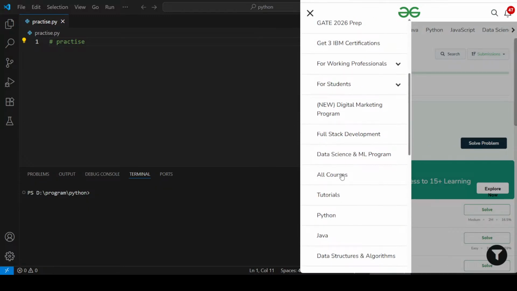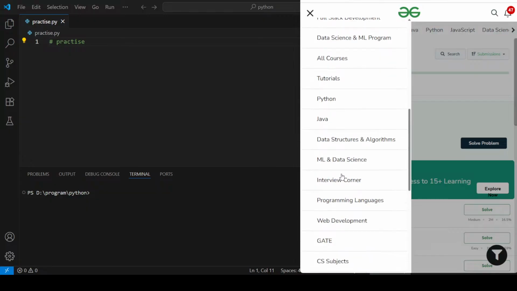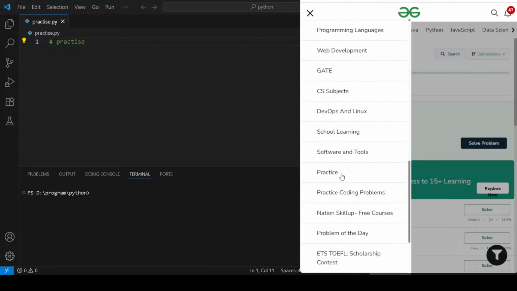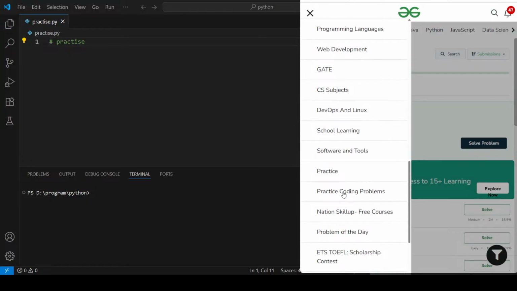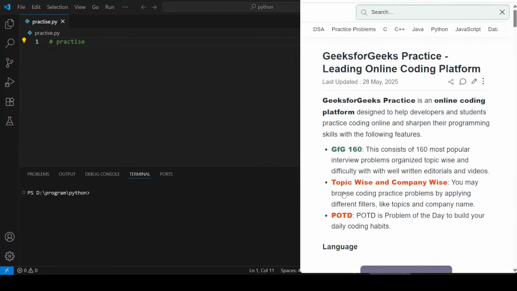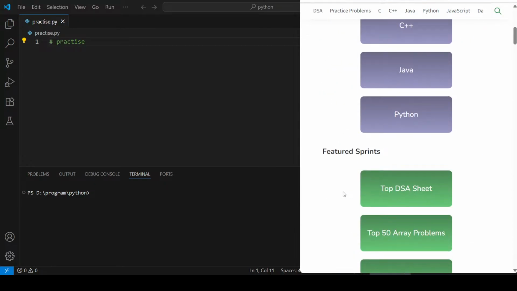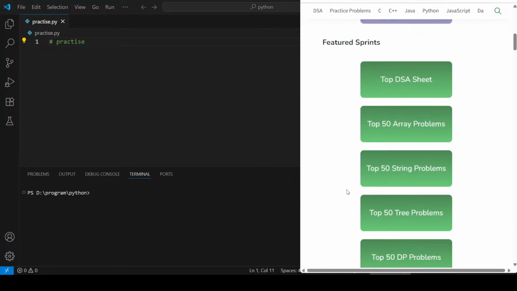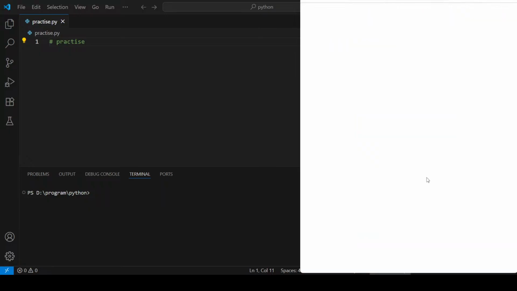Let's search. Shall I go for string? Yeah, let me choose string.